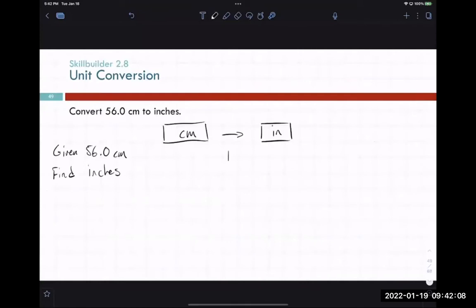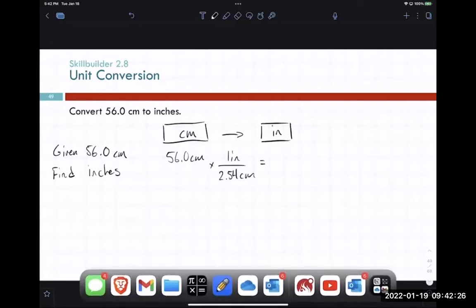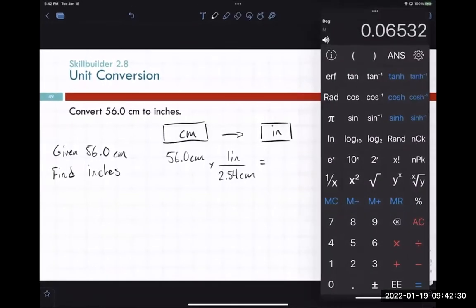So it's going to be 1 inch per 2.54 centimeters. And then the math here would be, we can put 56.0 centimeters, and we're going to multiply. So it'll be 56.0 divided by 2.54.